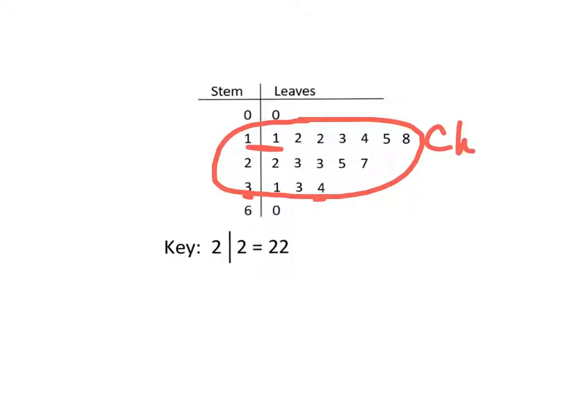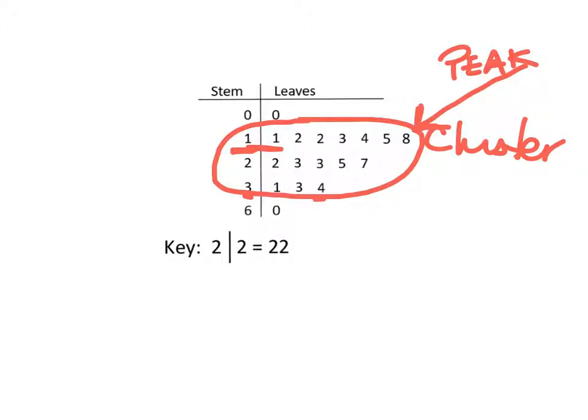A cluster. We can also see that the leaves with the most data sit here, connected to the stems of 10. So 11, 12, 12, 13, 14, 15, 18 extends the furthest, forming a peak at the teens.